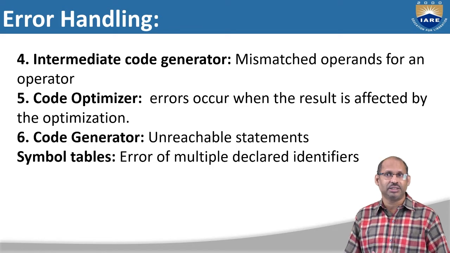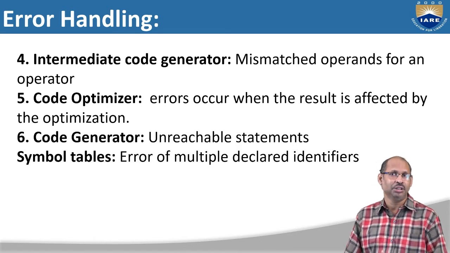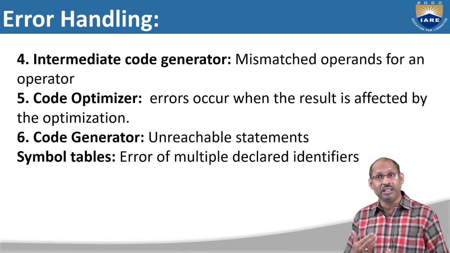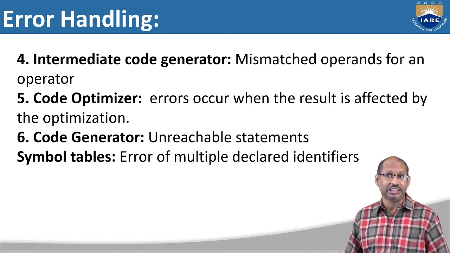Then symbol tables. In the symbol table, it will store the scope information. If the same variable is redeclared in the same scope, then it will give an error message. The name might be a function name, a variable name, an array name, or a structure name.